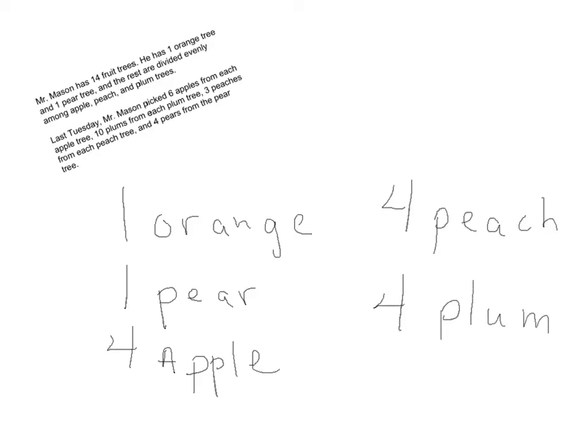Now each one of these is the number of trees we have in total. So we have 1 orange tree, 1 pear tree, 4 apple trees, 4 peach trees, 4 plum trees.